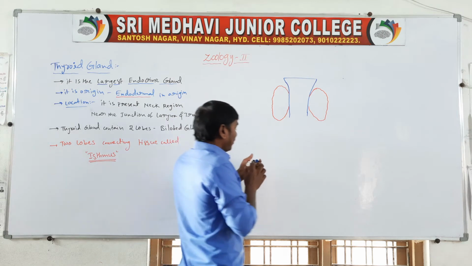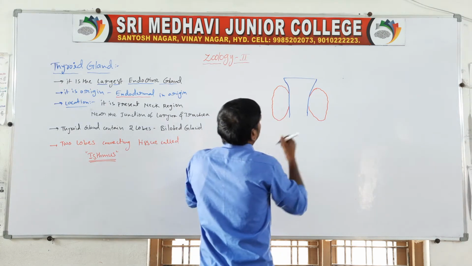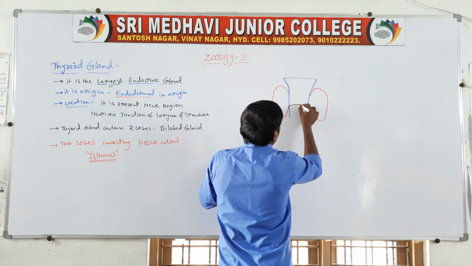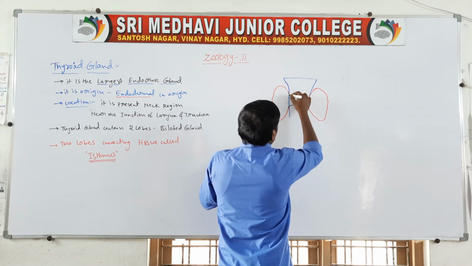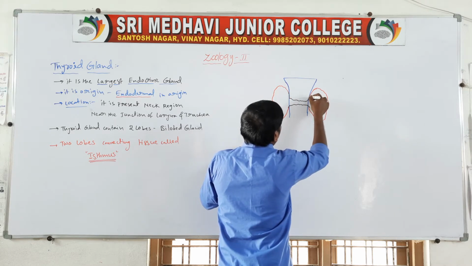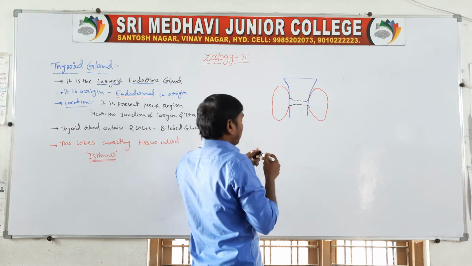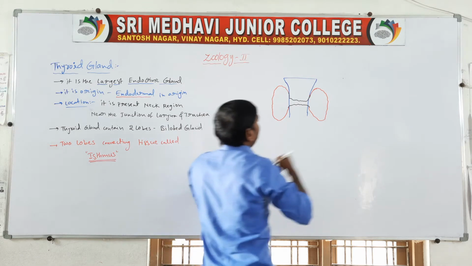This thin connective tissue is called the isthmus.